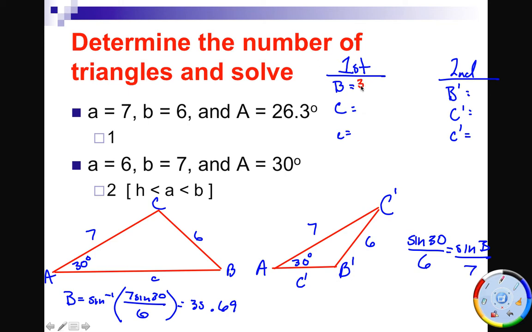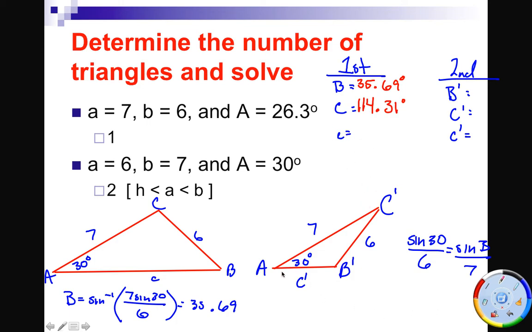I am solving this one fully because you need to know how to do this. To find the third angle, I just subtract from 180. So 180 minus 30 minus that angle I just found, I get 114.31.